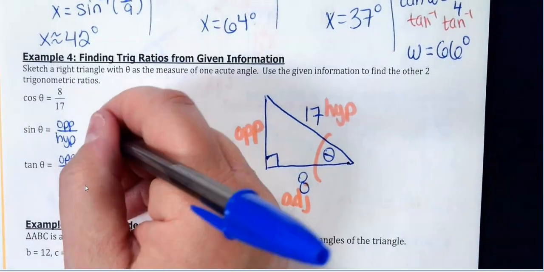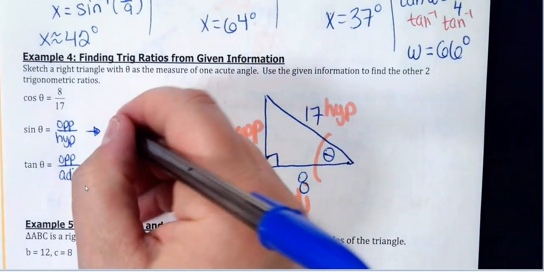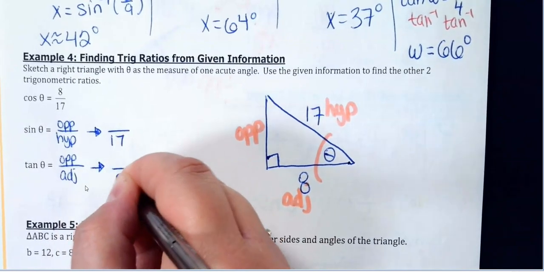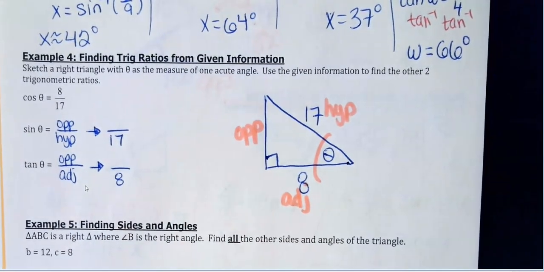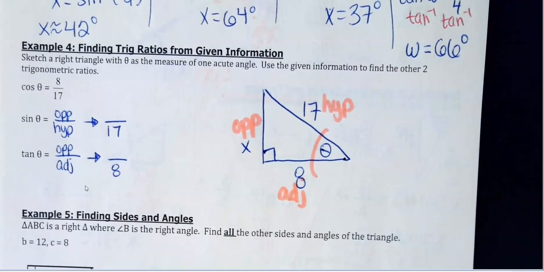So as this is going along here, I could put the 17 in there, and I could put the 8 right there, but actually, I'm missing the top of both of those fractions. How could I get the third side? Perfect. These are all right triangles when you're working with this, so this would work up with the Pythagorean theorem. All right, I'm just going to call that x.